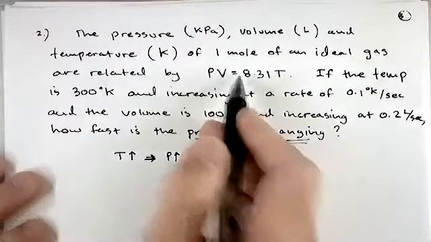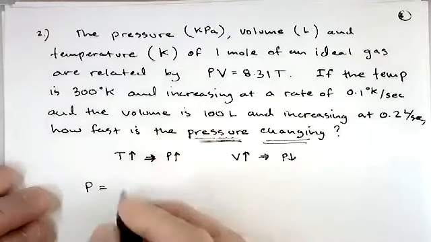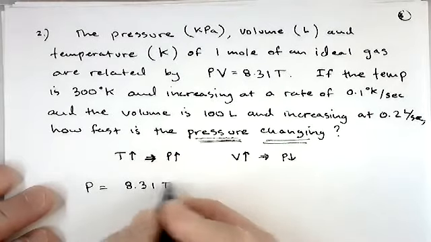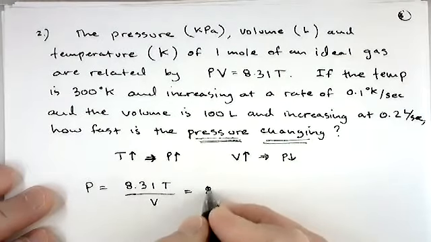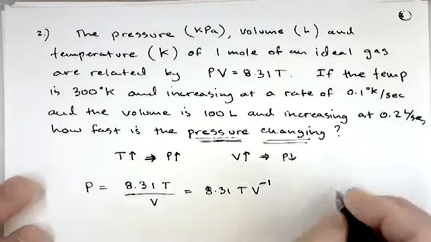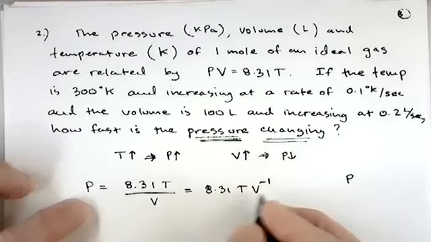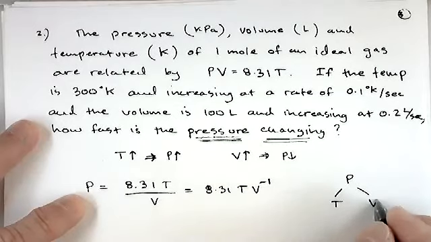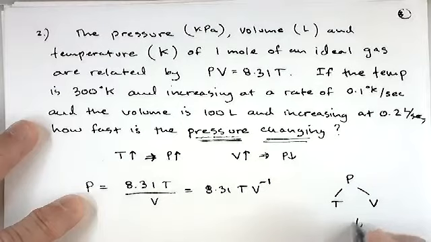Okay. Well, the first thing I would do, if I want to find how fast the pressure is changing, is solve this equation for P. P is going to be 8.31 T over V, or 8.31 T V to the negative 1. And here's how we could view this. The way we've solved for P, it is a function of both the temperature and the volume of our gas, which in this situation we know are both functions of time.